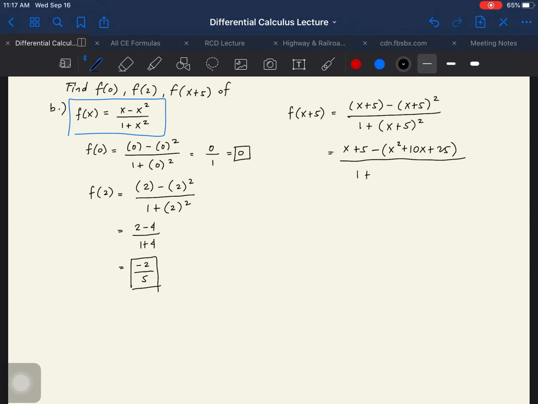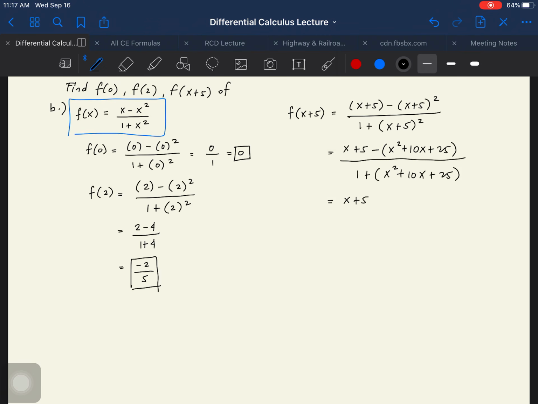So 1 plus, again I will be putting parentheses to be very extra careful. So as I said a while ago, when you're doing expansion, always put the parentheses first. So put the expanded form inside the parentheses, so that whatever operation outside will be distributed correctly.